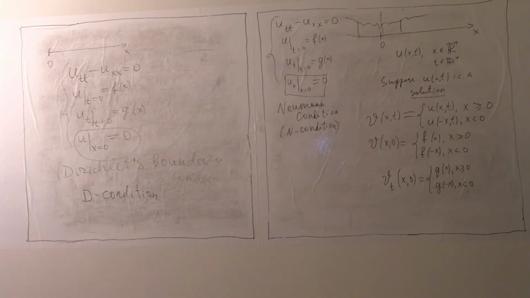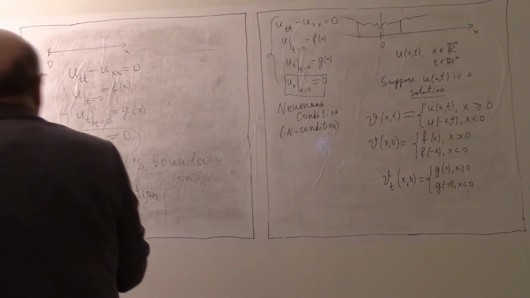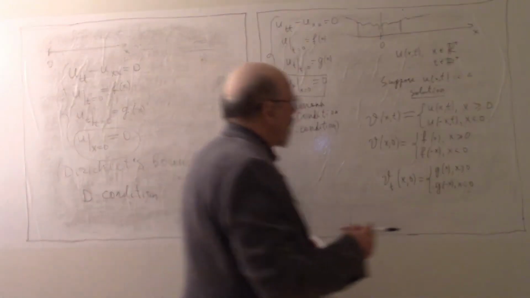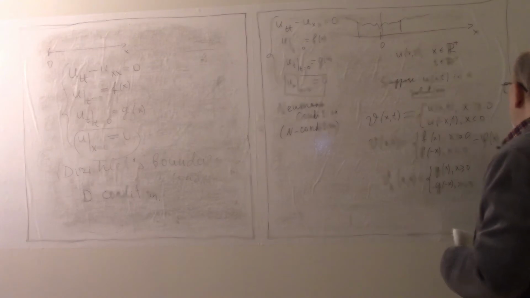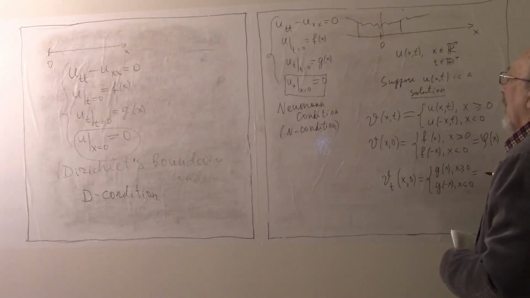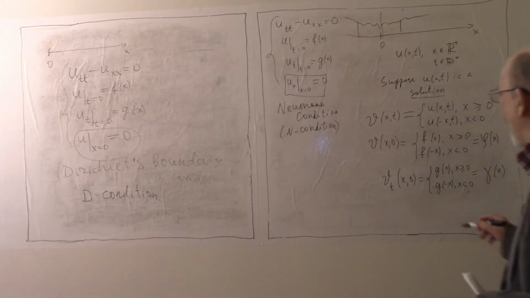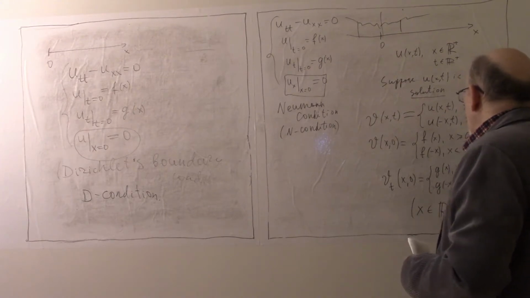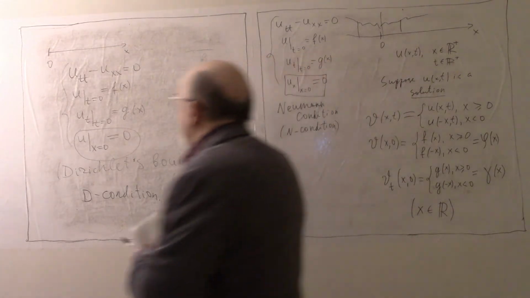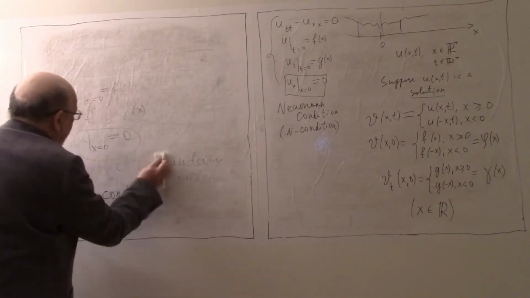And now let us act in the opposite direction. We consider the following problem. Let me denote this function by phi of x, and this, instead of g, will be gamma of x. And here x is in R, in the whole line. So we consider the initial value problem on the whole line.